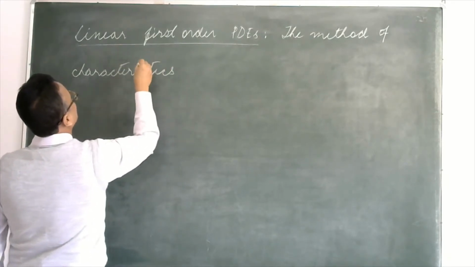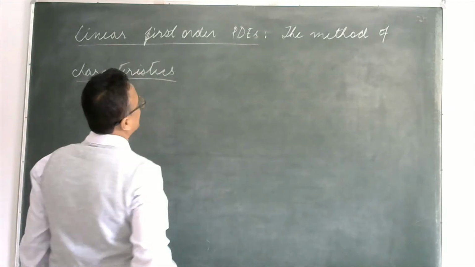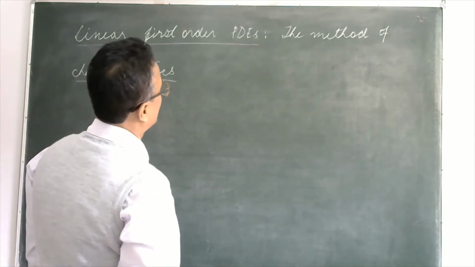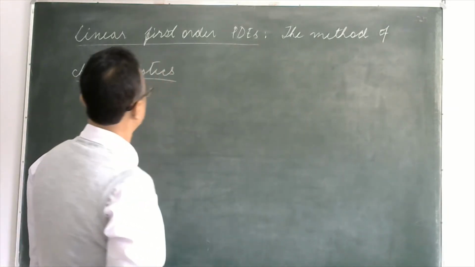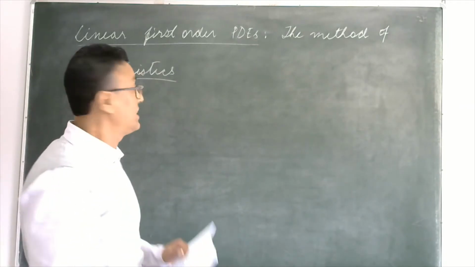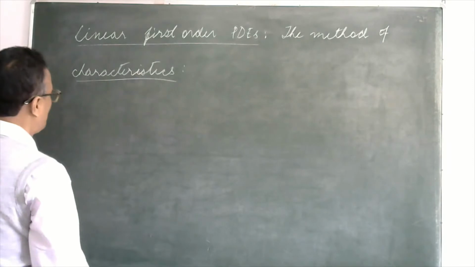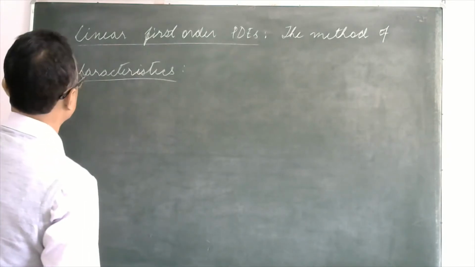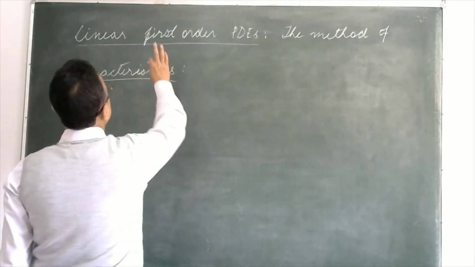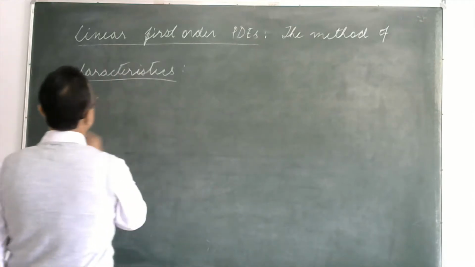Later on you will see that the method of characteristics we have already introduced. I have already introduced you to that, but it was kind of latent. It was hidden. Okay. So let us consider a first order linear PDE in this form.